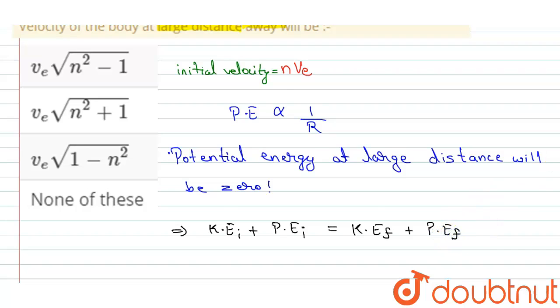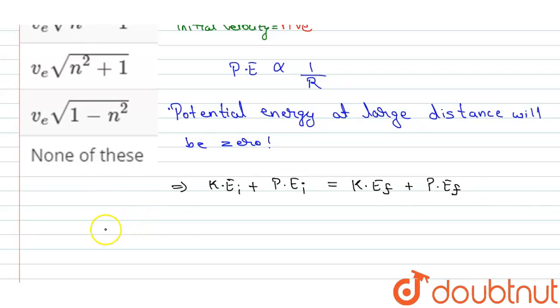Okay, so now let's put in all the values. First we conclude the final potential energy of the system is 0. The potential energy at large distance will be 0.